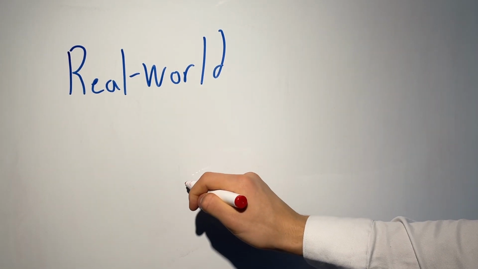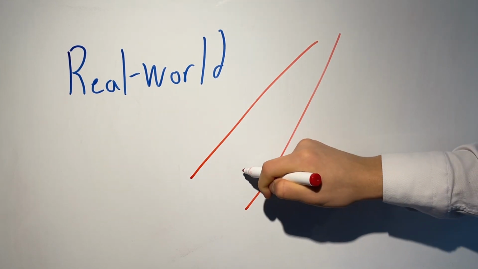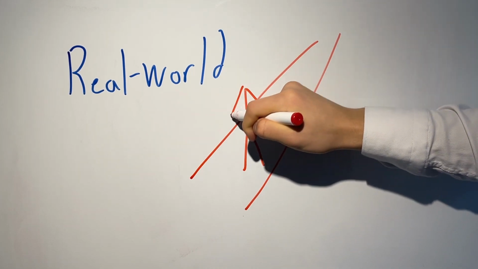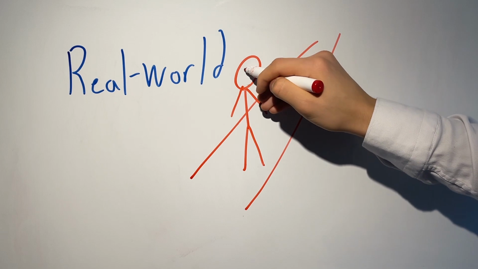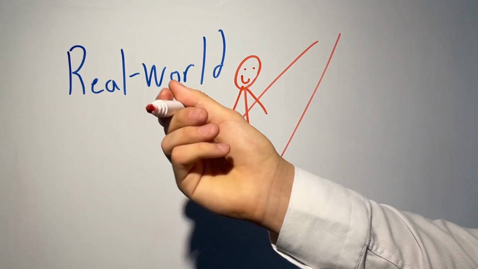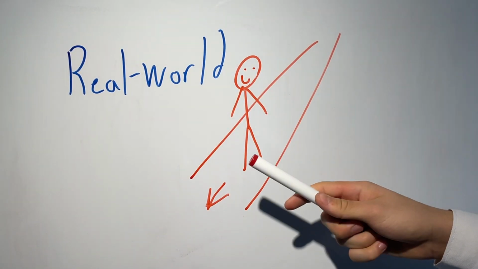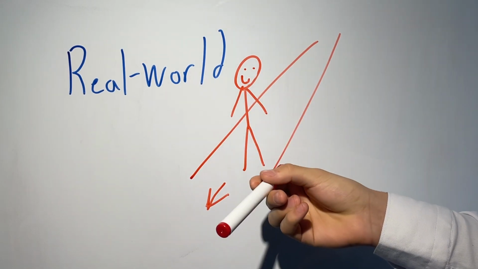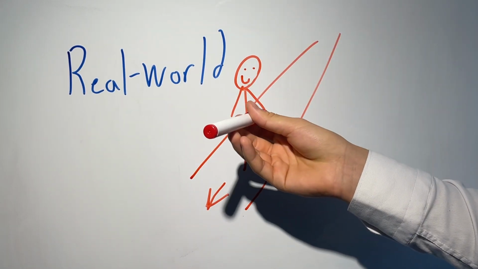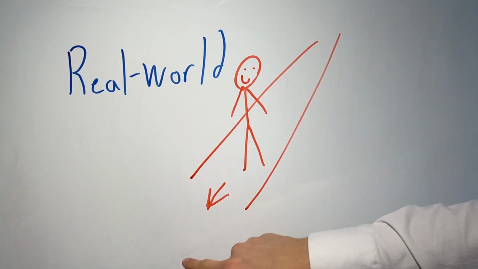So first, imagine you're walking on a road like this. And you are looking in this direction. Now imagine that you want to go to the direction you're looking. So you are wanting to go in this direction, right?